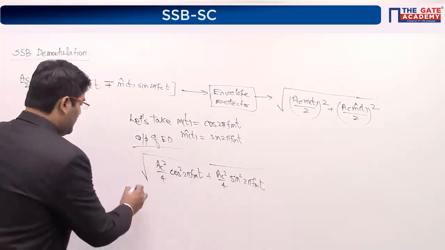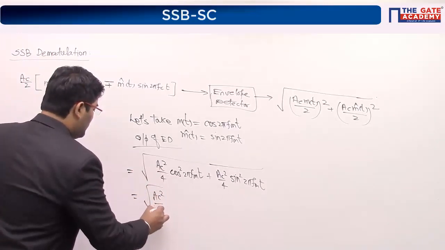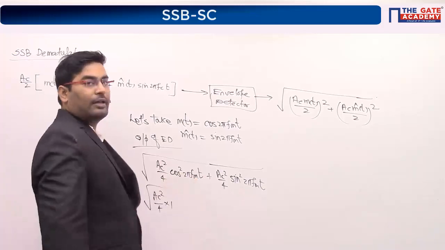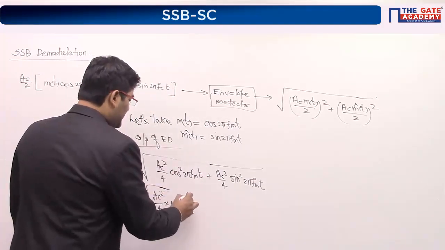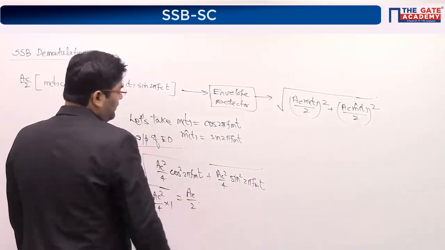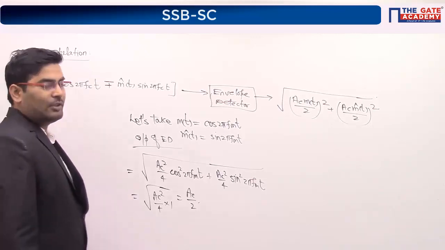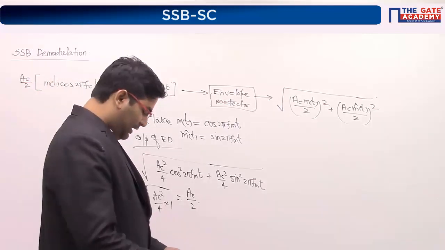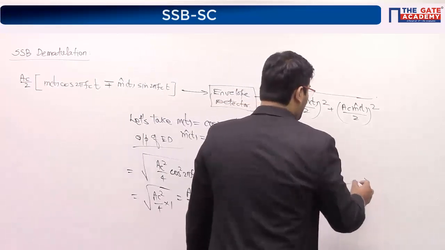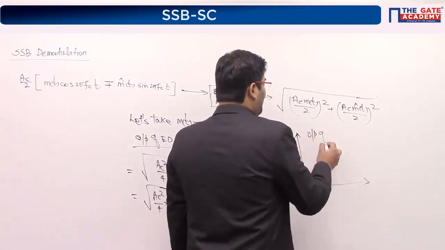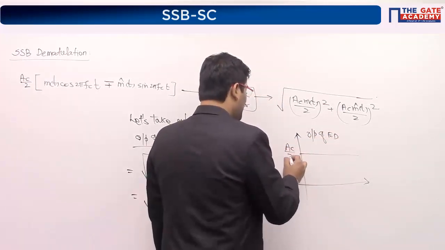Clear? So you know that it will be root under Ac square by 4 into 1, because cos square theta plus sin square theta is 1. Root of Ac square by 4 is Ac by 2. This is not m(t), right? This is just half of the amplitude of the carrier. So you can clearly see that no matter what message you are sending, your output of the envelope detector is always constant, which is equal to Ac by 2.